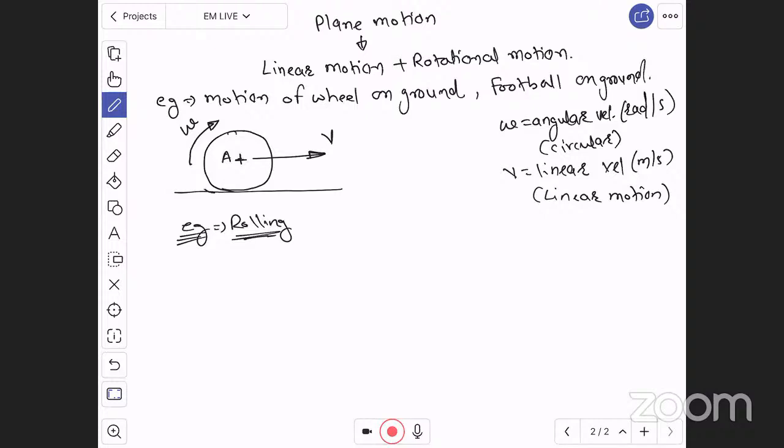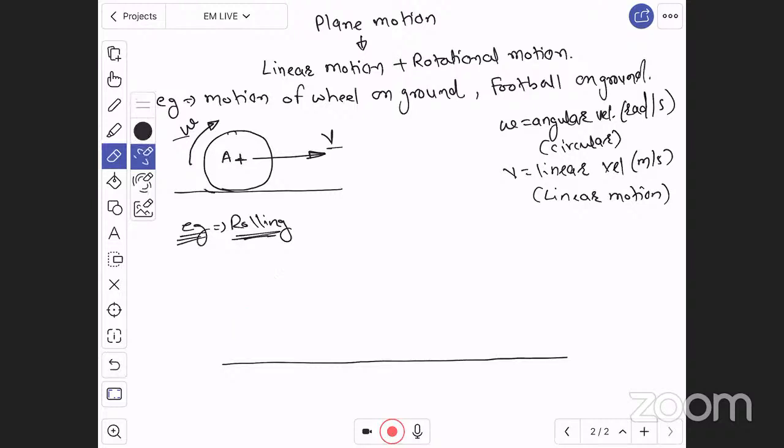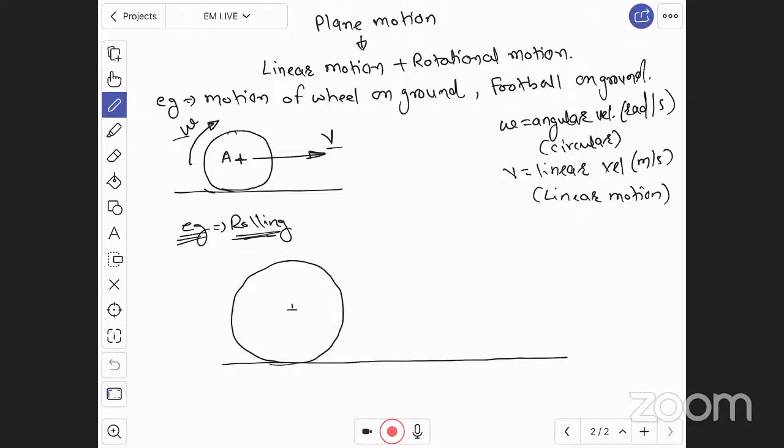Now let us understand or do the analysis of this motion. In the previous lecture, that is in circular motion, we have seen the relation between linear motion and circular motion. Let us consider this wheel on ground, and let us say this is the initial position of the wheel.